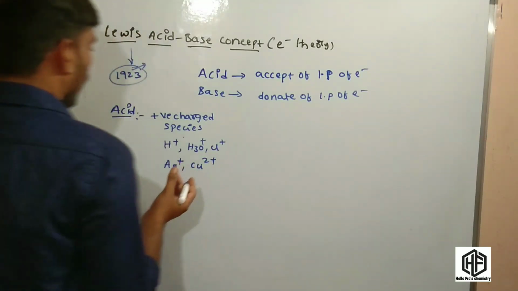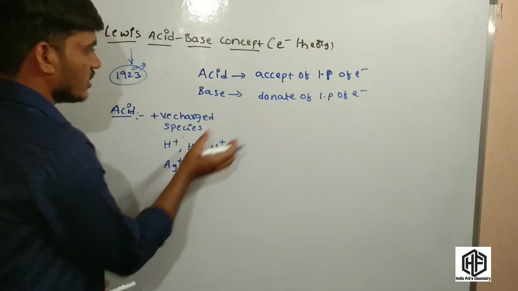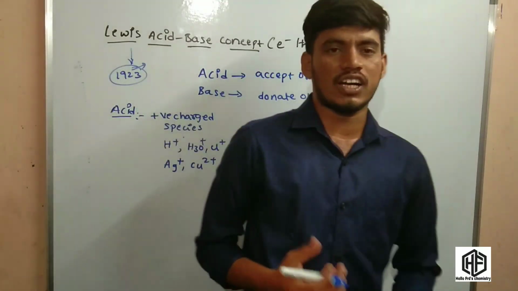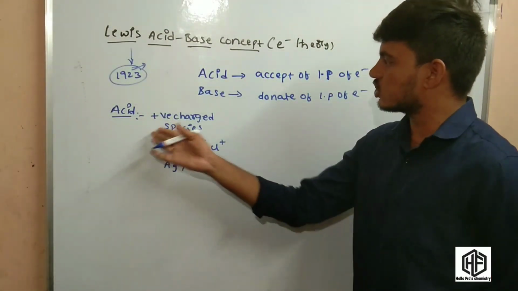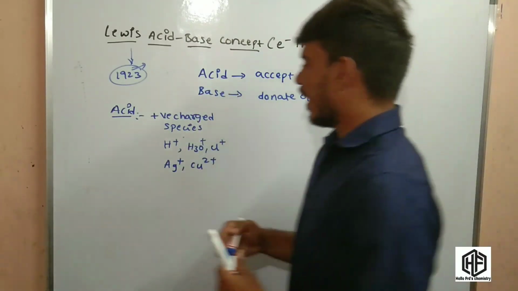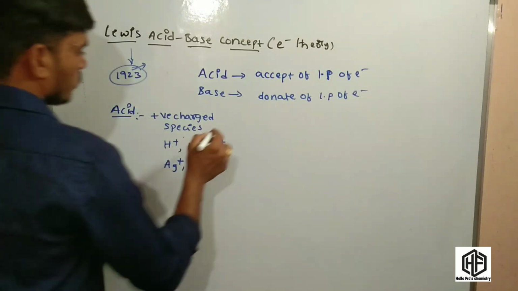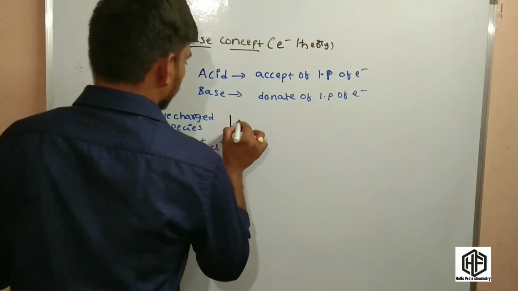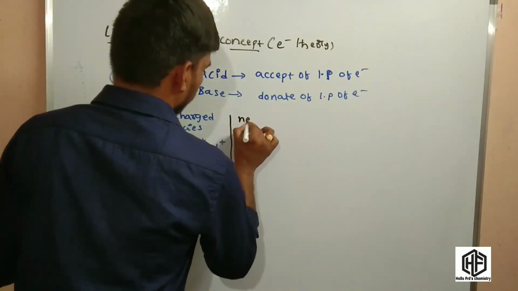These are positively charged species because they accept lone pairs of electrons. This is called a Lewis acid. And one more category is present: neutral species.